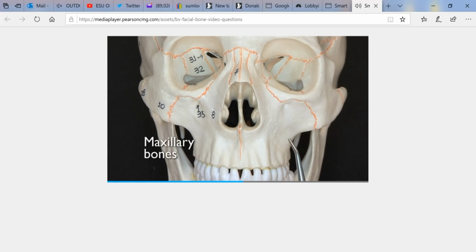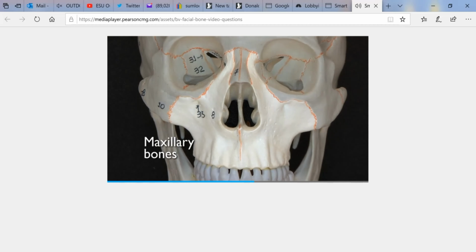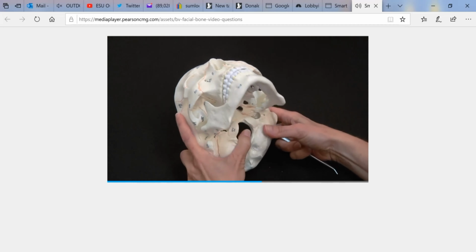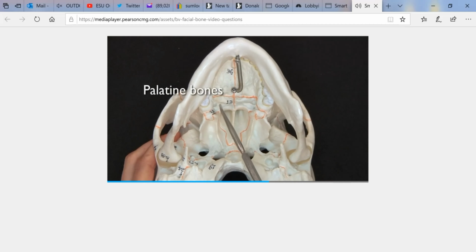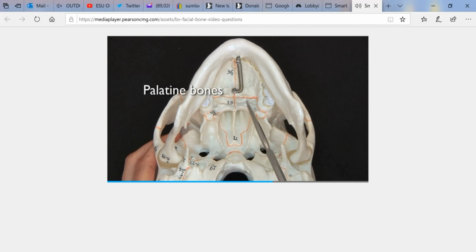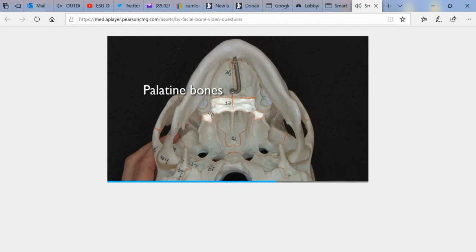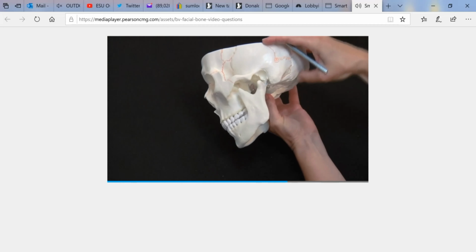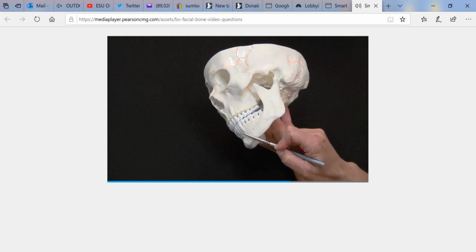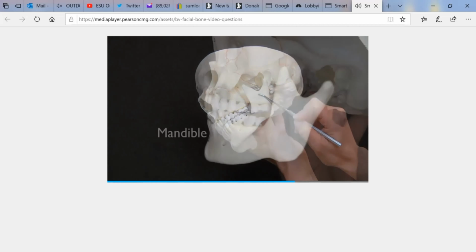The maxillary bones fuse together at the midline to form the upper jaw. The palatine bones are situated at the posterior border of the palatine processes of the maxillary bones and form the posterior region of the hard palate. The mandible is a separate bone that forms the lower jaw.